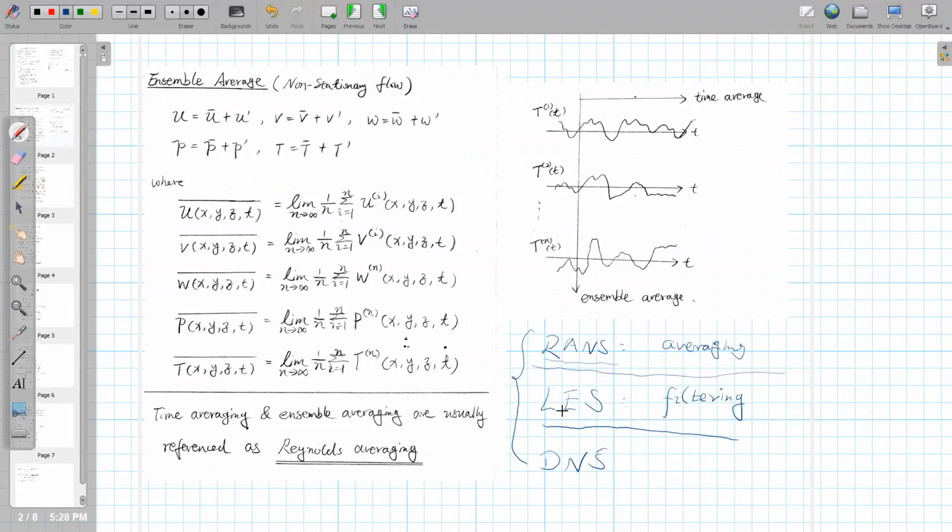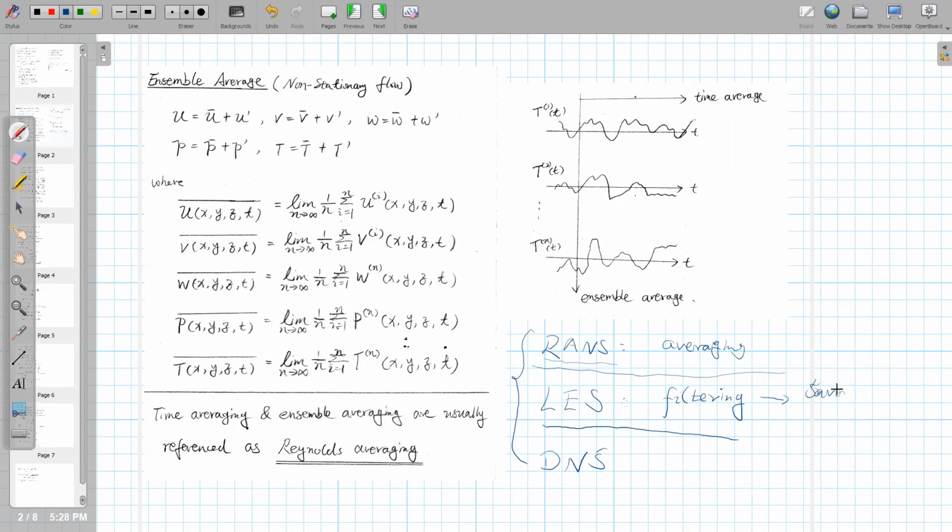You already know what averaging means. We can average on time, or average on ensembles. And what is LES? We call it filtering. Filtering is not averaging, but you can consider it something like smoothing, or some kind of averaging, though not really averaging.